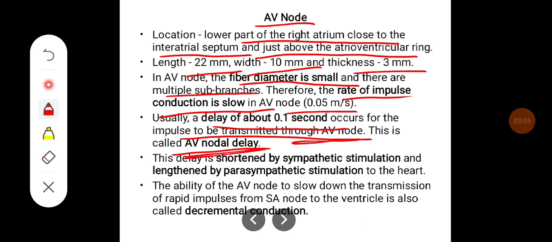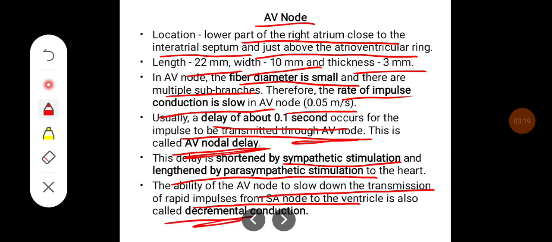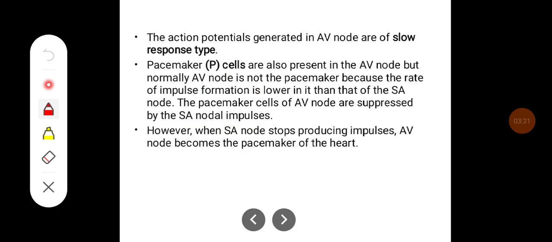This delay is shortened by sympathetic stimulation and lengthened by parasympathetic stimulation to the heart. The ability of the AV node to slow down the transmission of rapid impulses from the SA node to the ventricle is also called decremental conduction. The action potentials generated in the AV node are of slow response type.